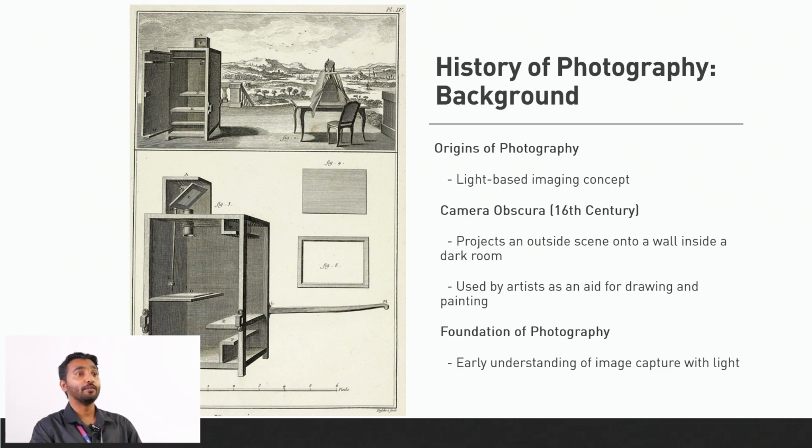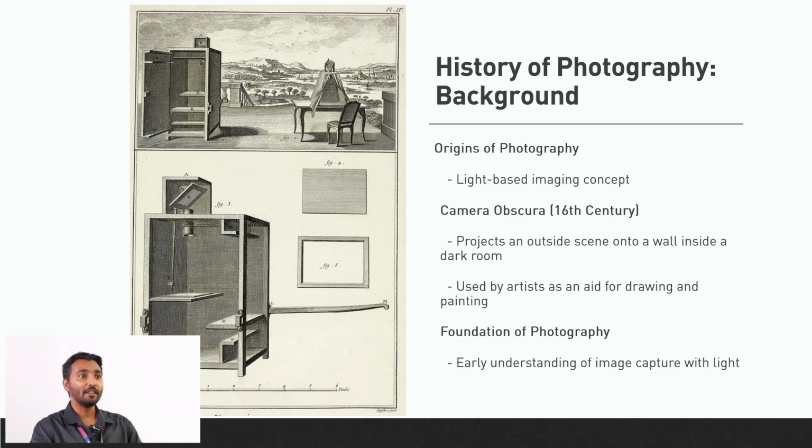Photography has a rich and fascinating history. It all began with the concept of capturing images using light. The ancient Greeks discovered that light passing through a small hole into a dark room would project an image of the outside scene onto the opposite wall.